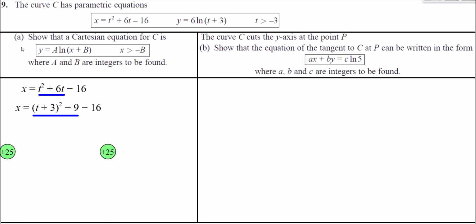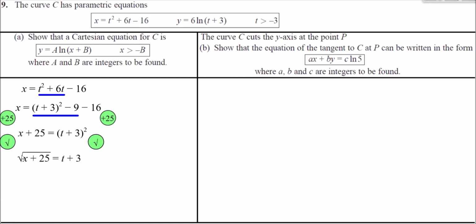So if I add on that 25, I can see that x add 25 must be t plus 3 all squared. Now we need to square root both sides. We see that t plus 3 will be the square root of x plus 25. Now I always say to students, consider positive and negative root. So why aren't I considering the plus and minus options here?